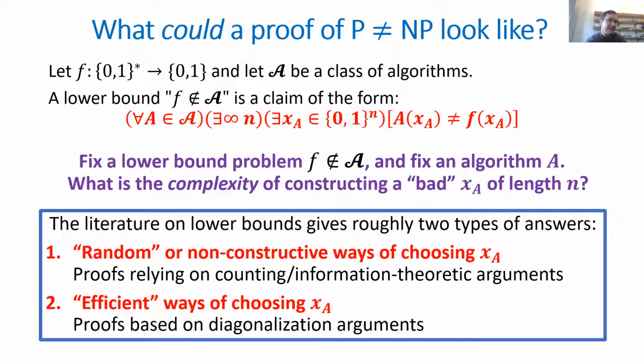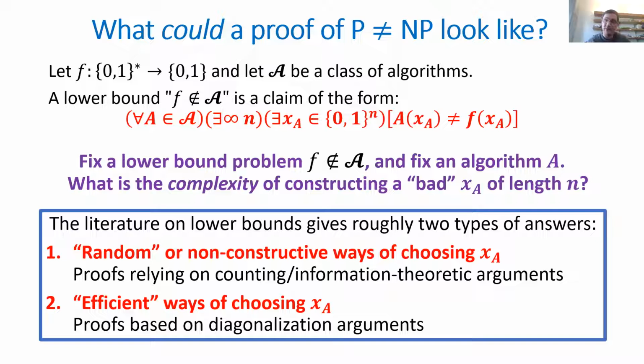The second type of answer is that there are efficient ways of choosing the bad input. And as far as I know, these almost always, if not always, come from diagonalization-based arguments. So to give a canonical example of this, the standard proof by diagonalization that the halting problem is undecidable is actually a constructive one.